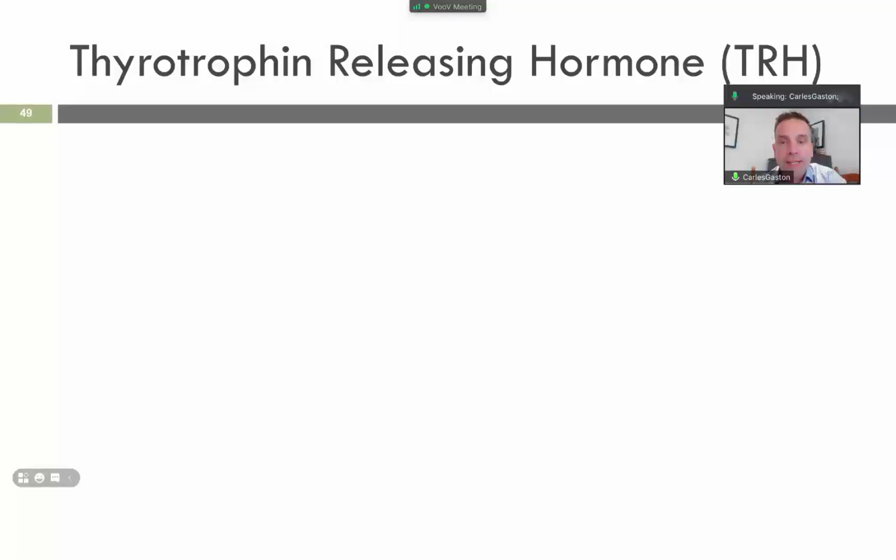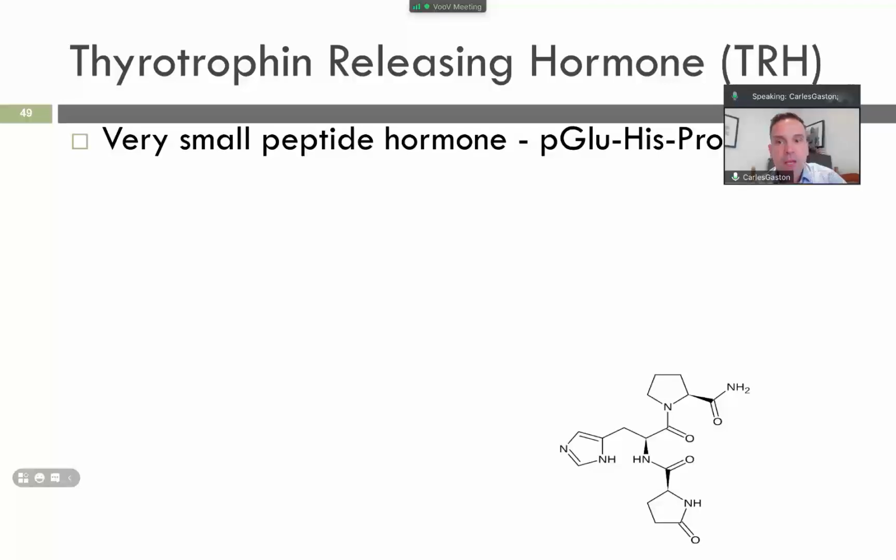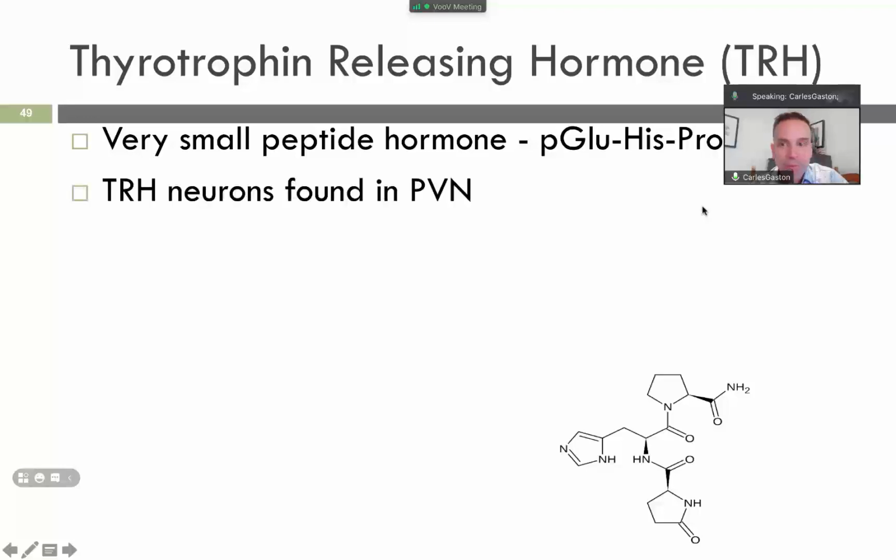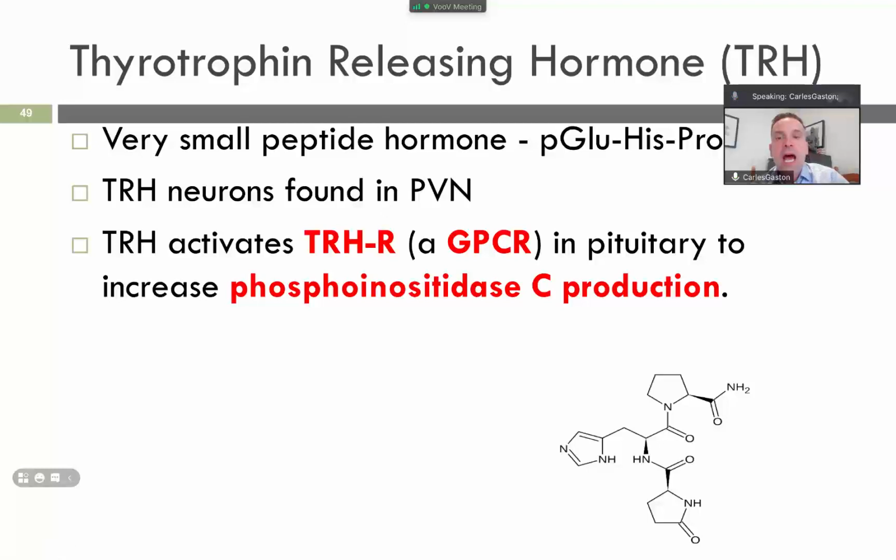So thyrotrophin releasing hormone activates thyroid stimulating hormone from the hypothalamus. It's a very small peptide, as you can see here. It's produced by the thyrotrophin releasing hormone neurons in the hypothalamus, and it acts through the TRH receptor, which is another GPCR, in the pituitary.